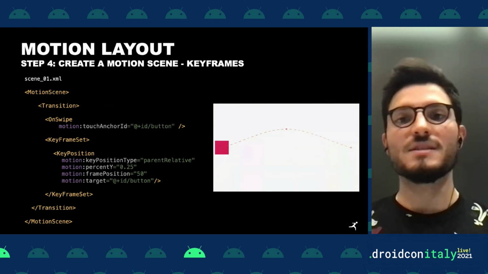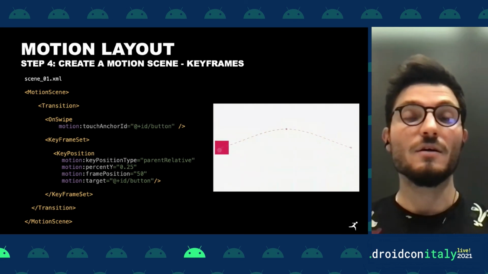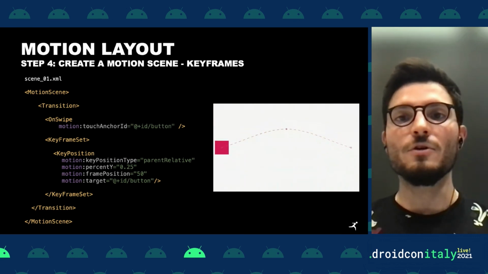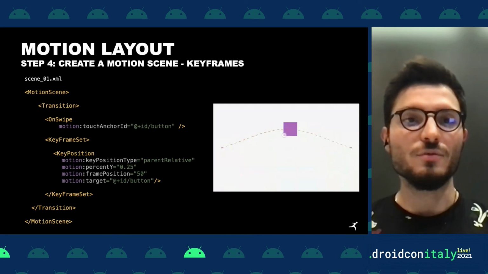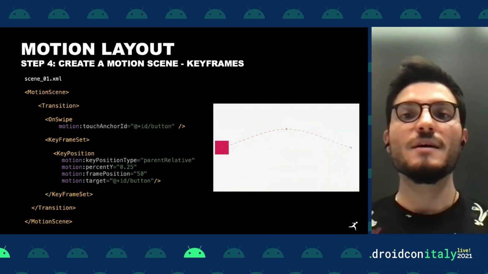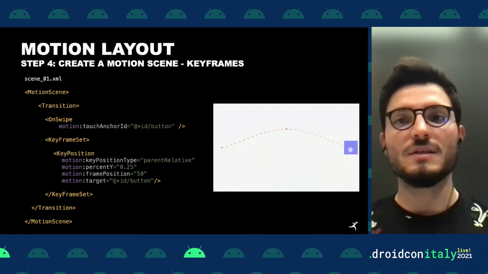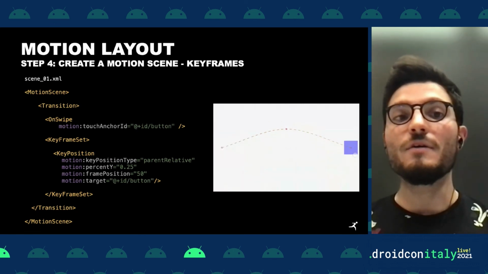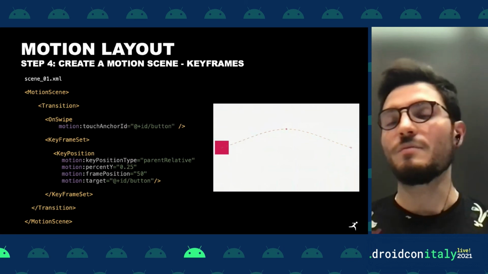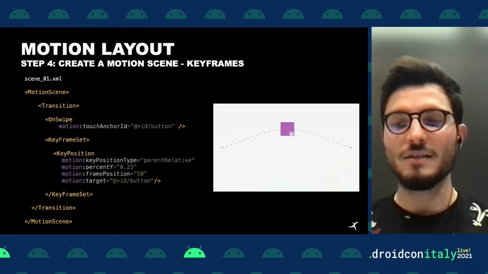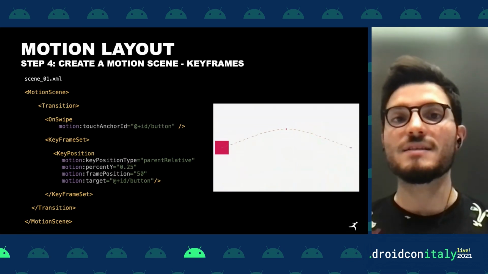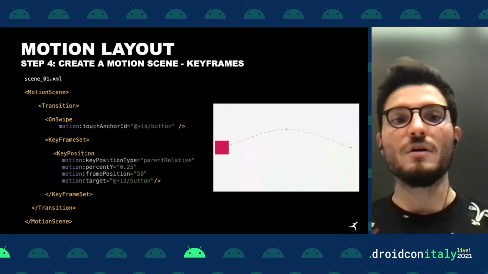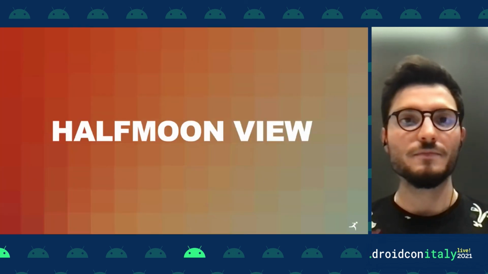And there are not just key position keyframes, but also key attributes. So you can set the value of an attribute, for example, again, visibility, alpha, elevation, whatever, at a certain frame position. And as we will see later, that's exactly what we needed for our animation.